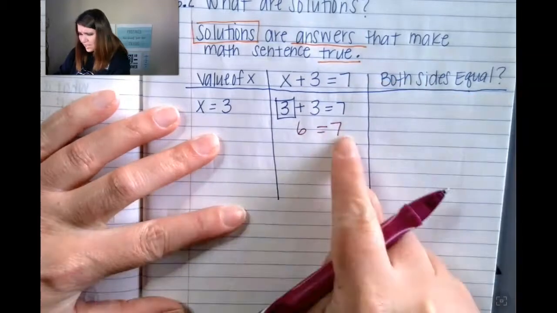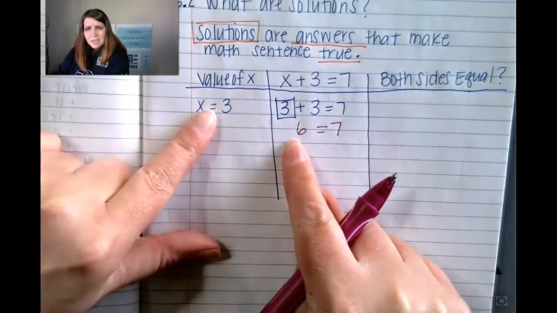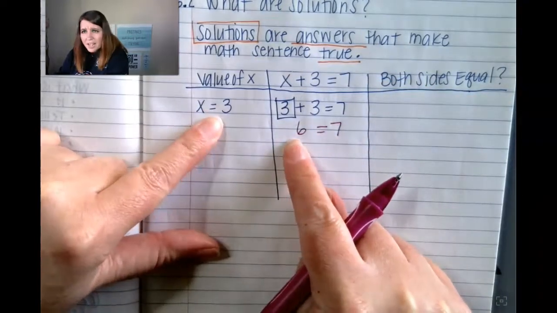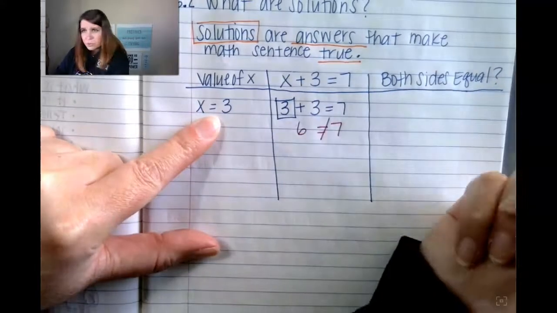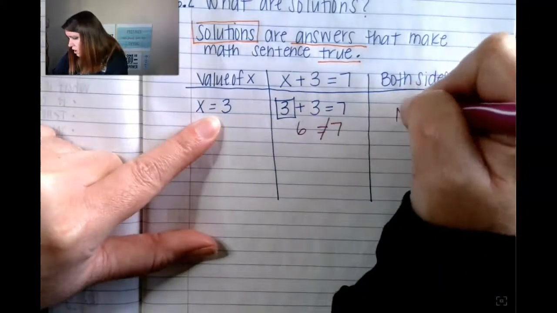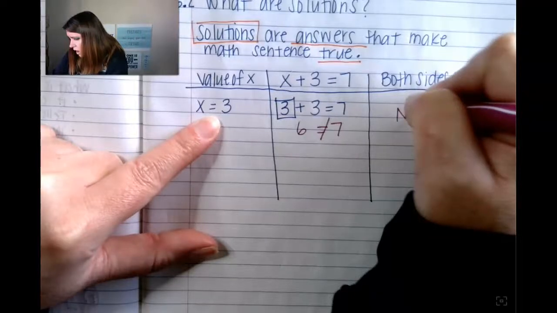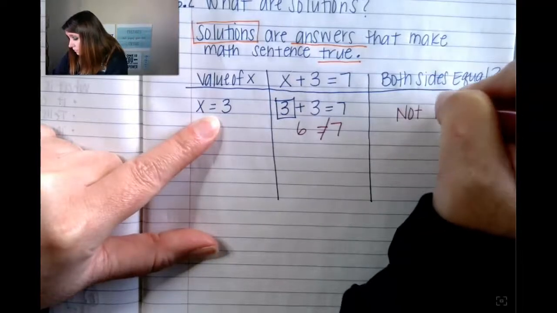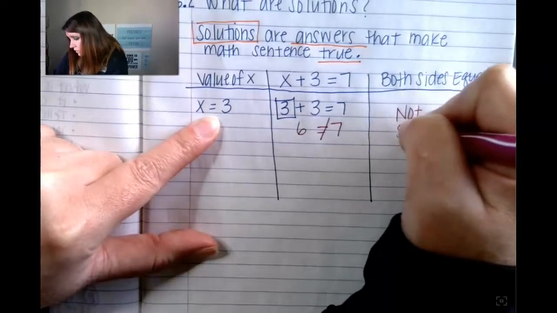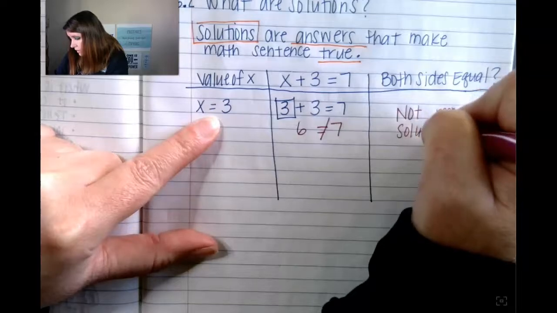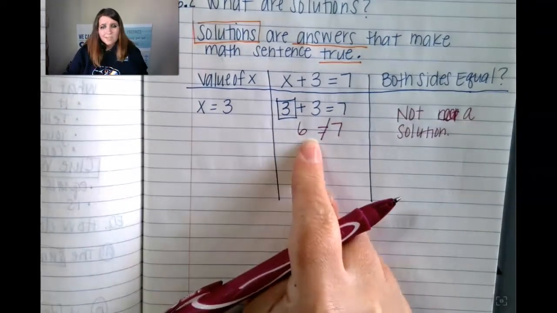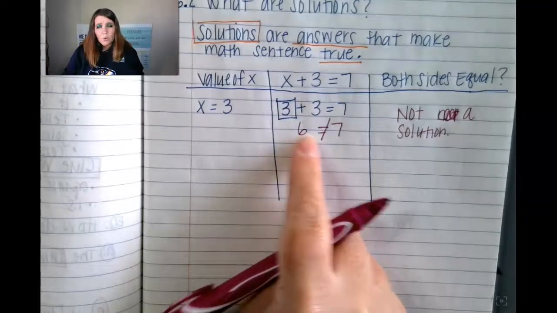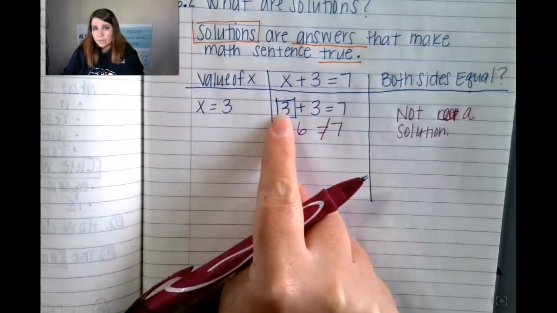It does not equal 7. So 3 is not a solution for x. This is not true. So both sides are not equal. It is not a solution. When x equals 3, it is not a solution. It's not true. So x cannot equal 3.